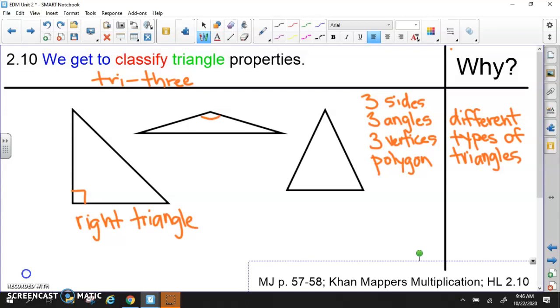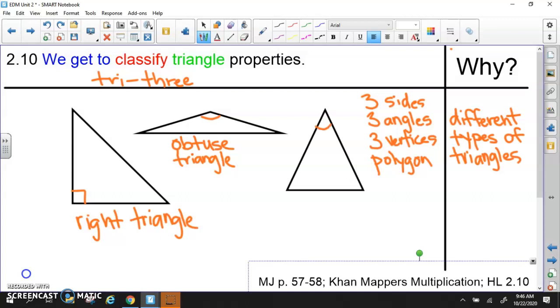That's why we did that work, identifying obtuse and acute angles. If it has one angle that is more than 90 degrees, we call it an obtuse triangle. Wonderful.